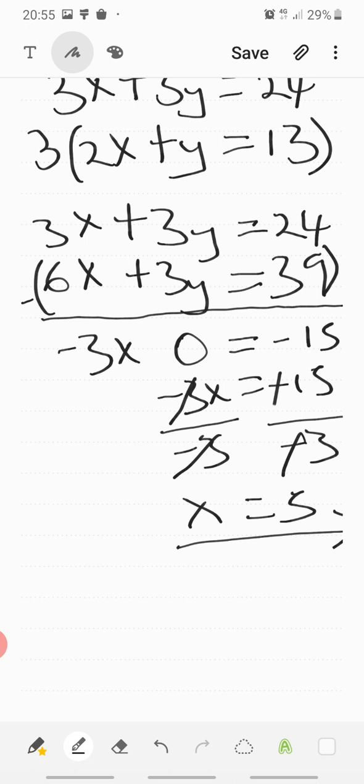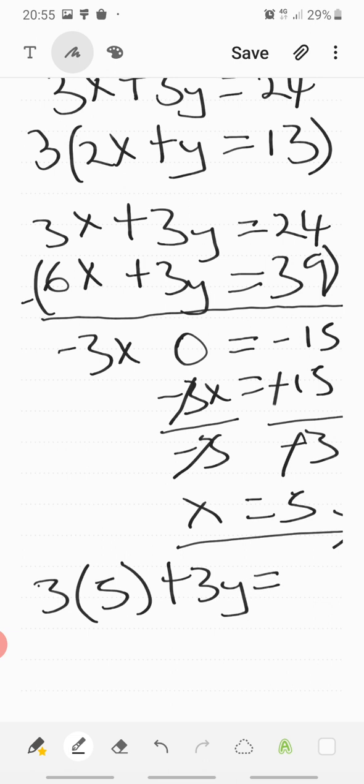Now we substitute the value of x into our first equation. So basically 3 times the value of x, which is 5, plus 3y is equal to 24. Now 3 multiplied by 5, which is 15 here, plus 3y, we get 24.